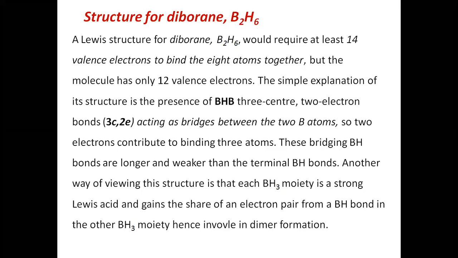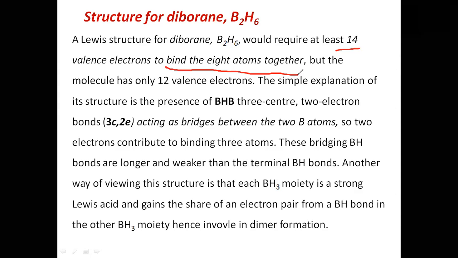So according to VBT and the Lewis structure, the expected number of valence electrons should be 14, to bind the 8 atoms together. This is a general approach according to valence bond theory.